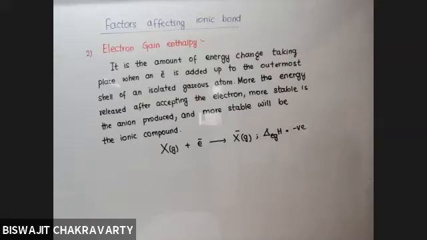Now, how can I correlate this? When you are accepting energy for removing the electron, you should accept lesser amount of energy. And when you are losing energy after accepting the electron, you should release greater amount of energy. So while accepting, accept lesser amount of energy. While releasing, release greater amount of energy. Then only the system ultimately formed will be more stable. Understood?